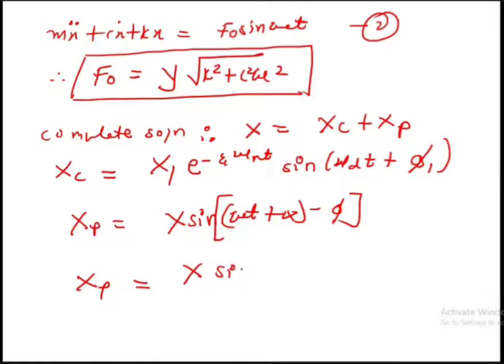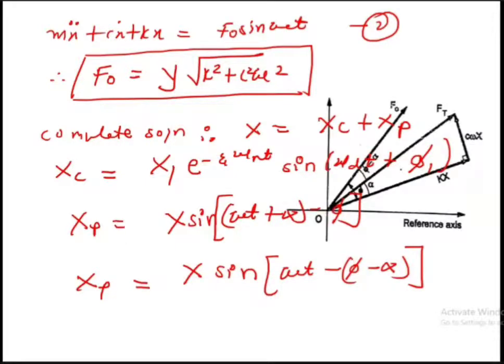I can write this as X sine omega t minus, I can take it as phi minus alpha. Why am I writing this phi minus alpha? Phi minus alpha is nothing but the angle by which this transmitted force lags this F0, that is the impulse force. Is it clear?